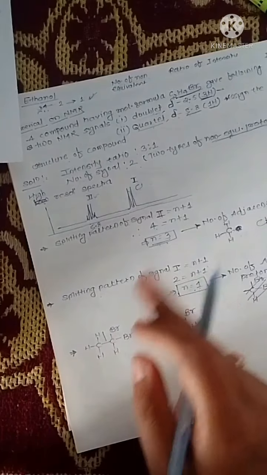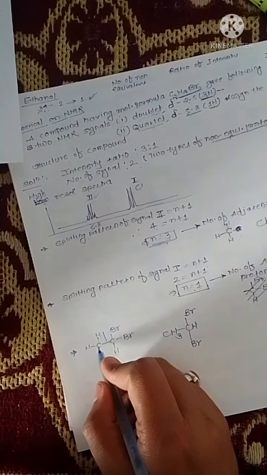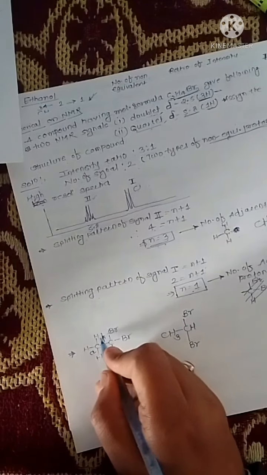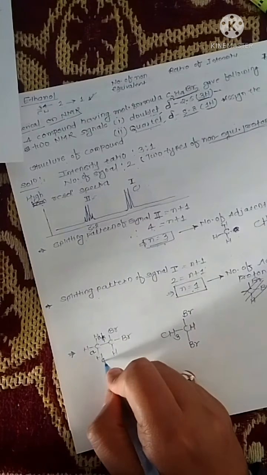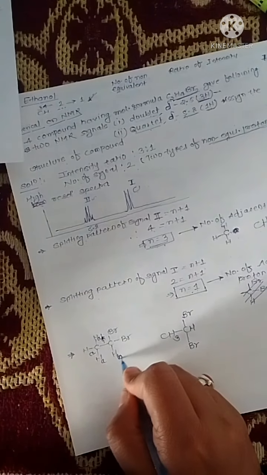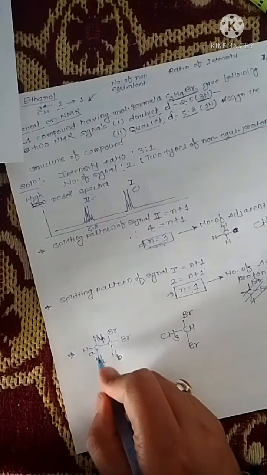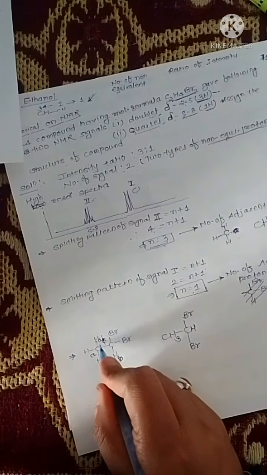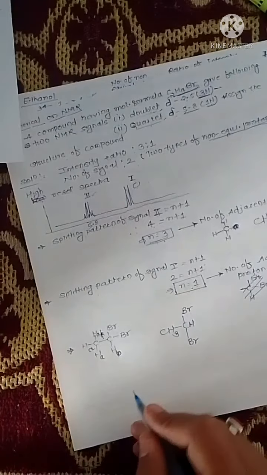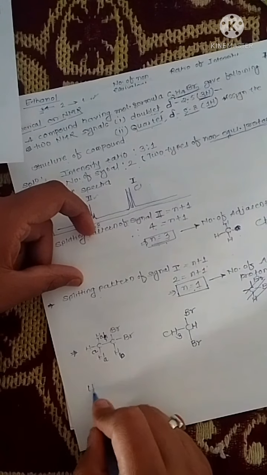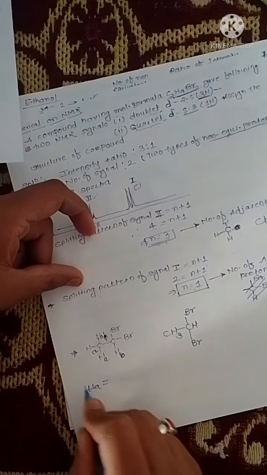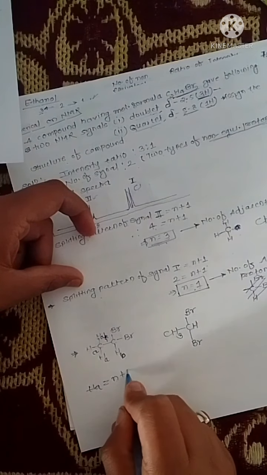Now we are going to cross check it. This structure has 2 different types of protons, that is Ha and Hb. The splitting pattern for Ha proton should be n plus 1.